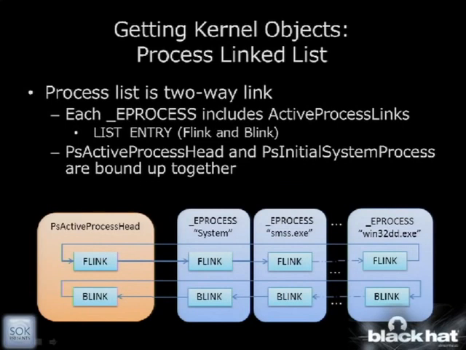The exception is PsActiveProcessHead. This includes only link information. It's not a process object. PsActiveProcessHead and the system process are bound together. The Flink of PsActiveProcessHead points to the system process and vice versa.